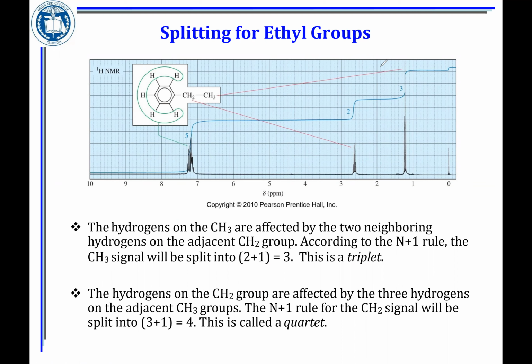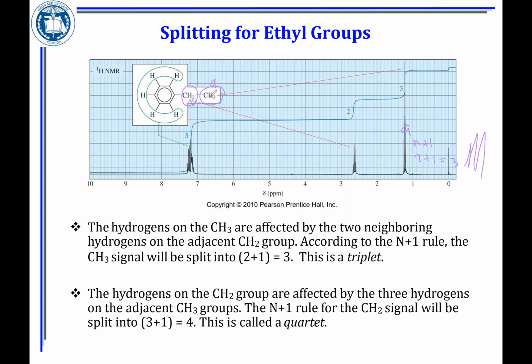Okay, the hydrogens on CH3 are only affected by CH2. So the hydrogen on CH3, if I call this A, is going to be a triplet because you have 2 hydrogens. It doesn't mean that you have 3 hydrogens for CH3, but that you have 2 hydrogens plus 1, that is n plus 1 equals 2 plus 1, a triplet.